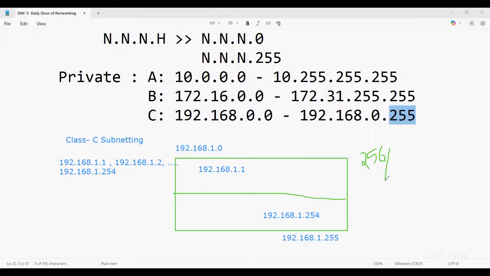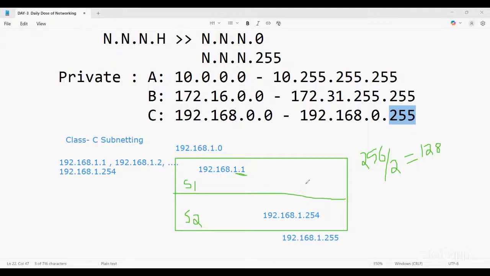I divided the network into two parts, so it gives me 128 IPs per network. Now this is my first subnet, and this is my second subnet. It will start with this IP, but it will not go to this IP.